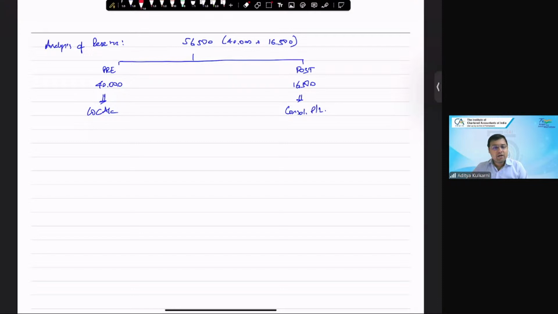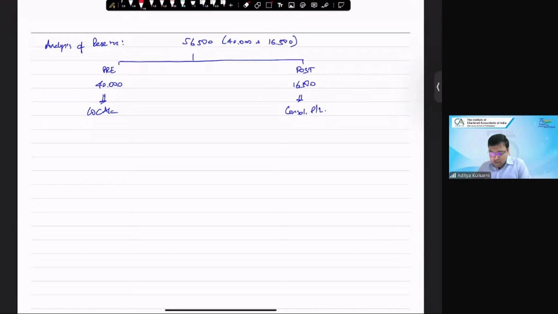Whereas my post-acquisition represents the earnings that were generated when I was in control of the entity. And therefore, it will go directly to the consolidated profit and loss. Are you able to understand now? Yes. Shabir, Hemant, yes? Did you follow? Yes. Okay. So this will go to the consolidated P&L.